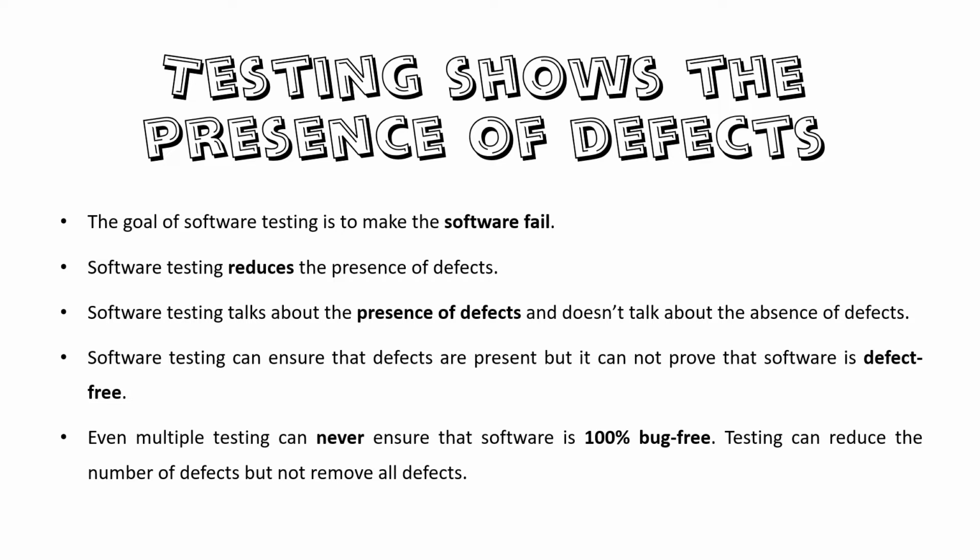So there is no software that is 100% bug free. Whatever testing we do, there will be one or two defects available in that software. This is the principle of software testing: testing shows the presence of defects.